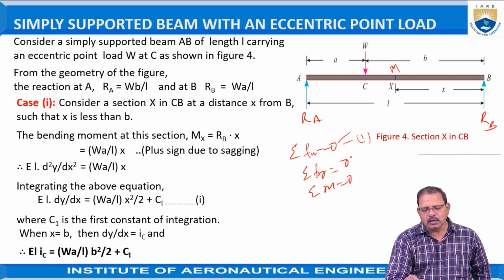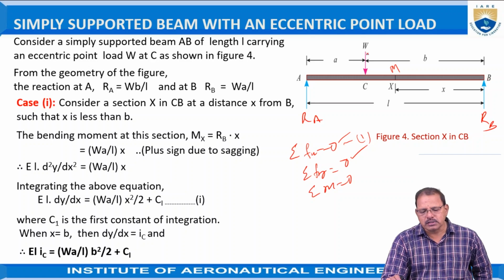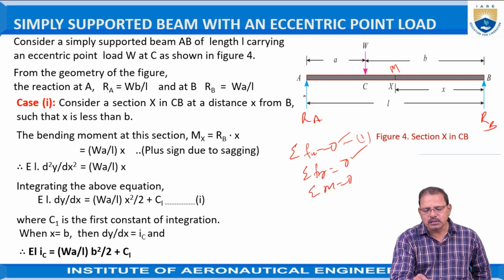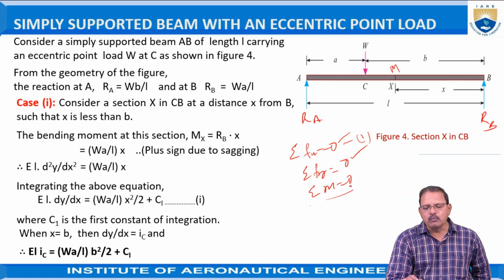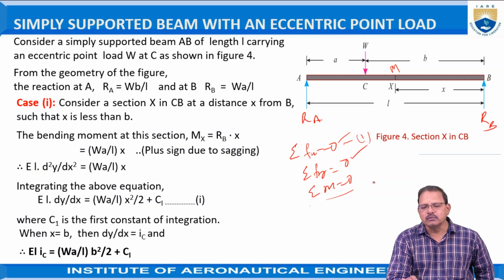Here W is acting in the downward direction, so the reaction forces at A and B, that is RA plus RB, are acting upward. From this relation we get RA plus RB is equal to W. And one more condition is that the moments created by these forces at any point should be equal to 0.